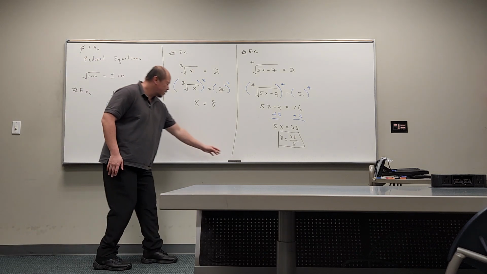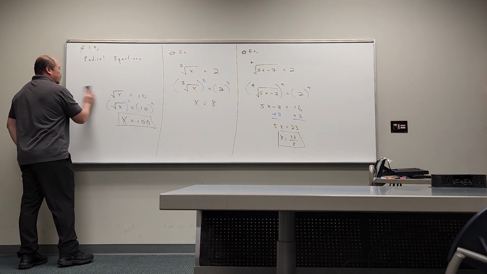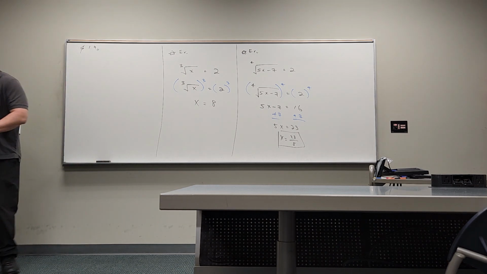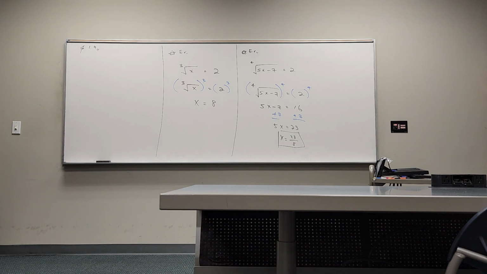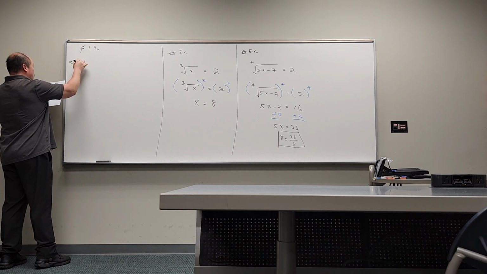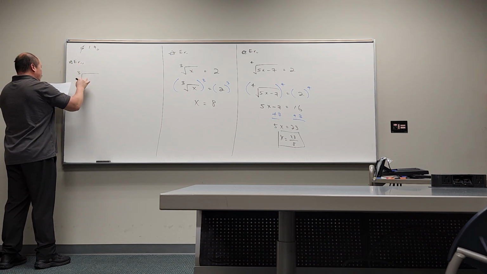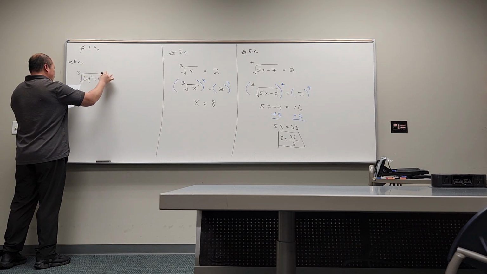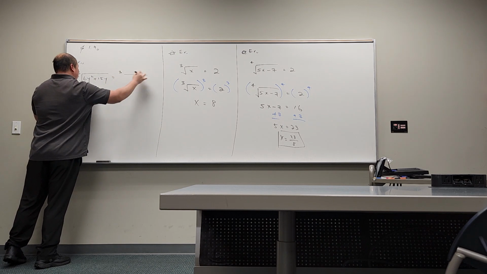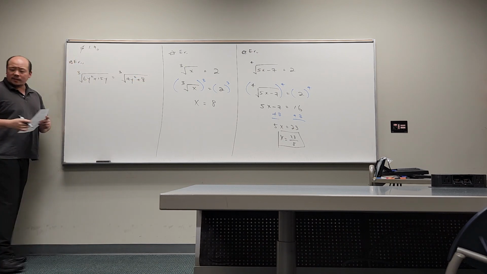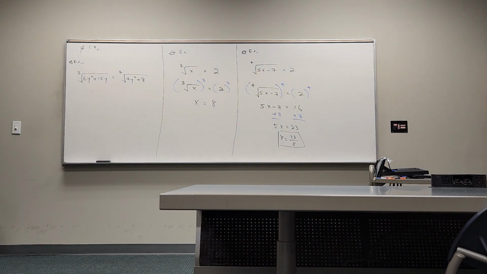How about this guy? This next one is the cubic root of 6y squared plus 15y equals the cubic root of 4y squared plus 8. This one looks more terrible because it's got a lot of stuff going on.